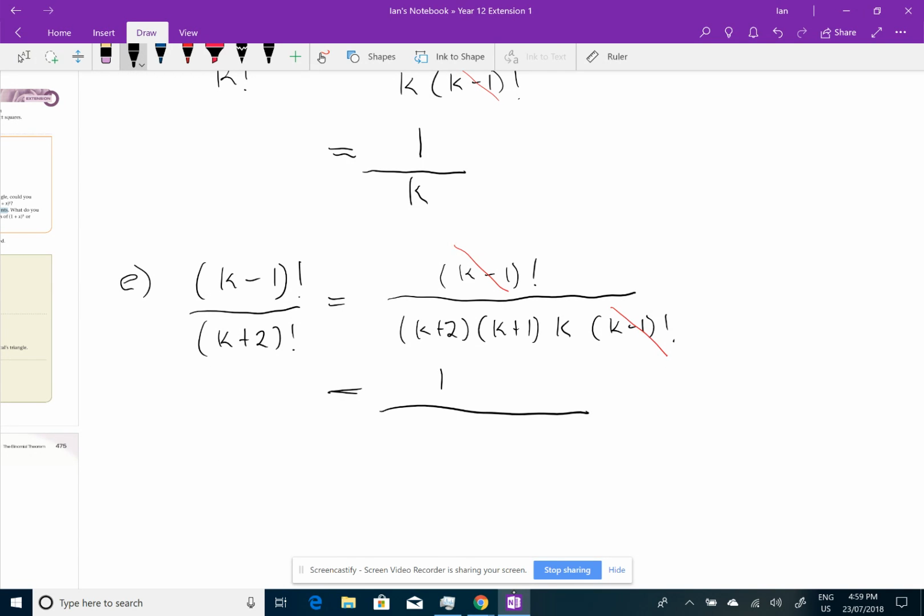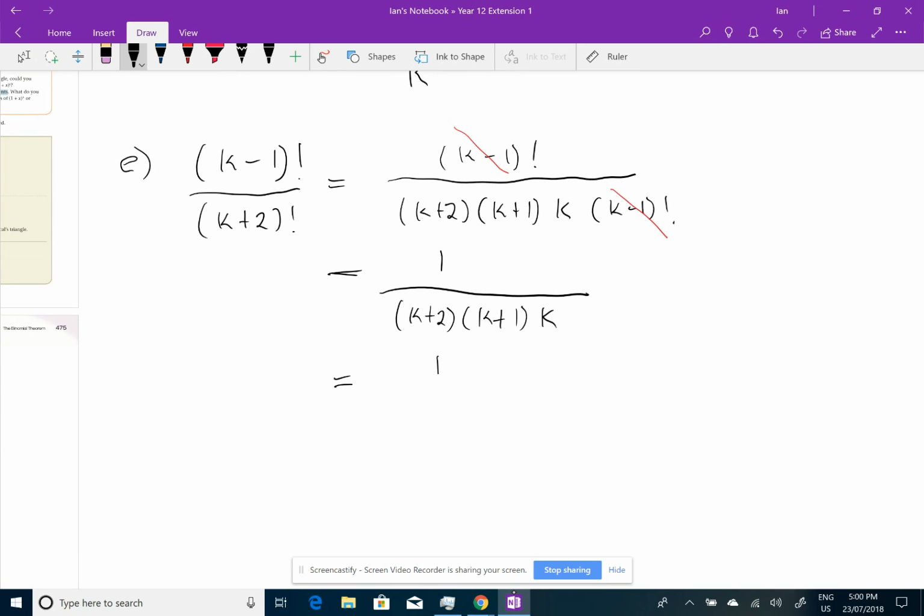Underneath, I'm going to get this big cubic. I'm going to get k plus 2, k plus 1, k. Now, in the answers, that's how she leaves it. I'm going to expand it. So I'm going to do the first one, and I get k times k is k squared. I'm going to get a 2k and a 1k, so I'm going to get a 3k, and I'm going to get a 2.